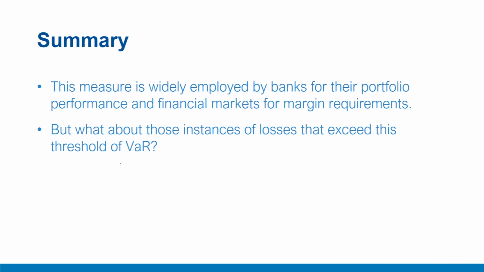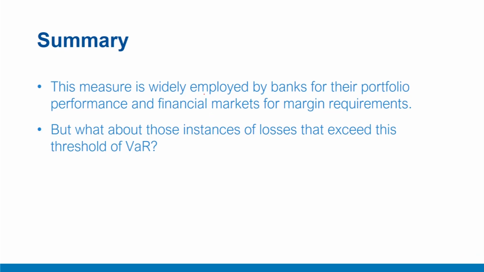This value at risk measure is very often employed by banks to estimate the performance of their portfolios and the possibility of extreme loss events. To summarize, in this video we discussed the concept of value at risk and how it is helpful in estimating the tail risk of a security or a portfolio.